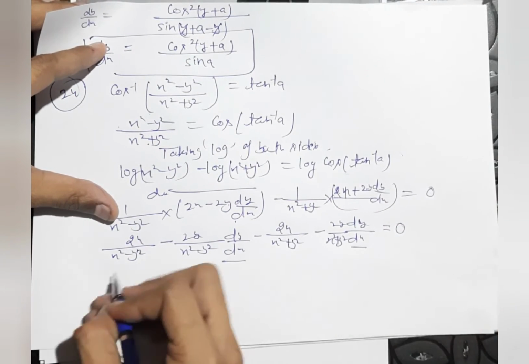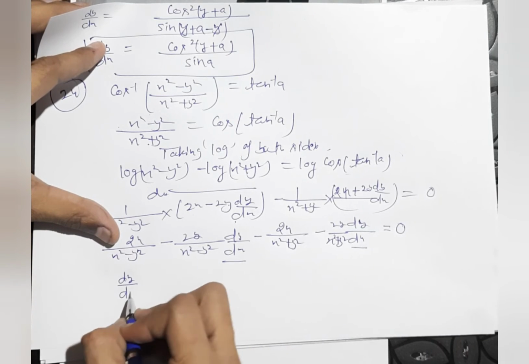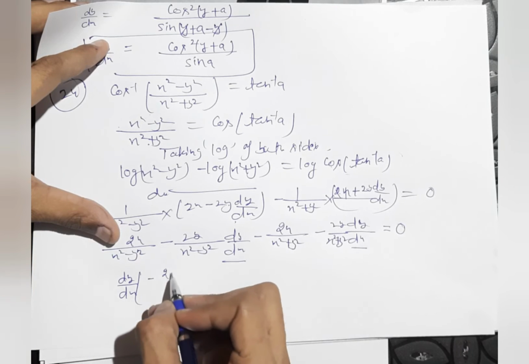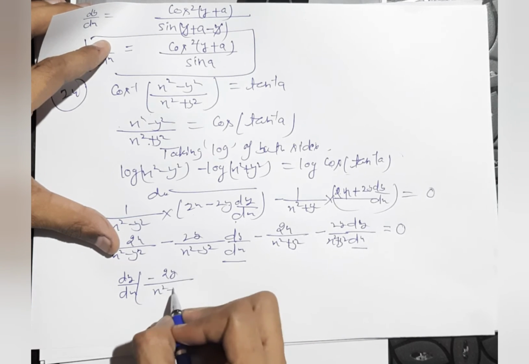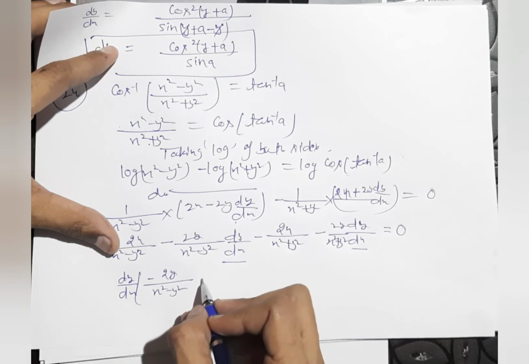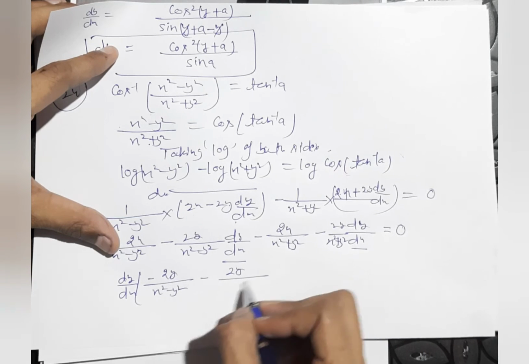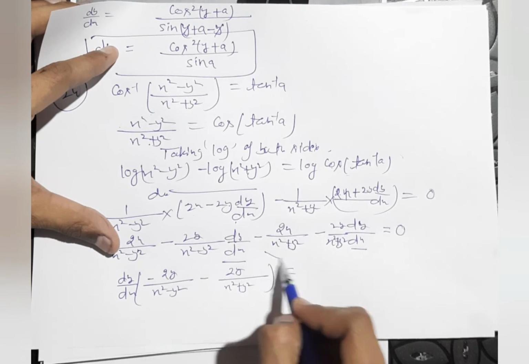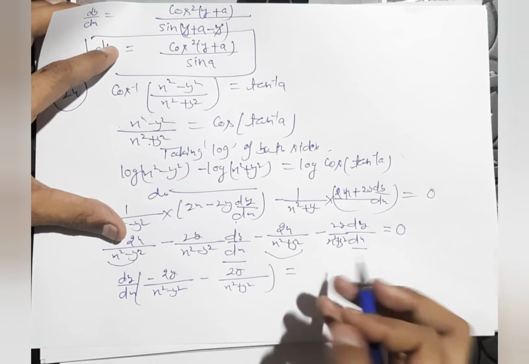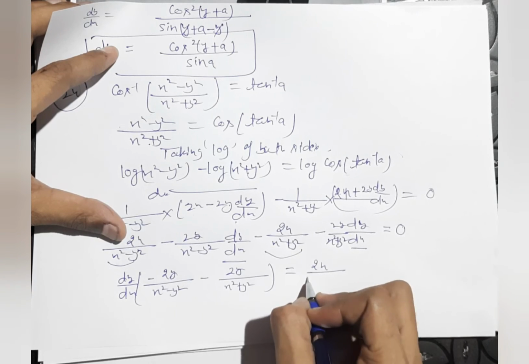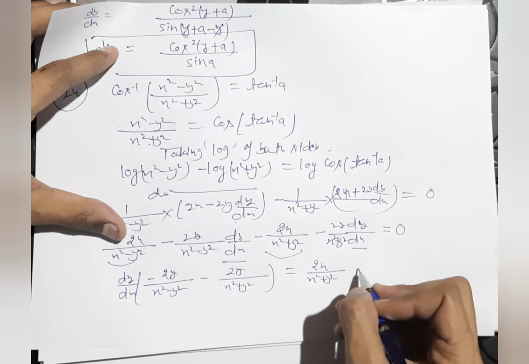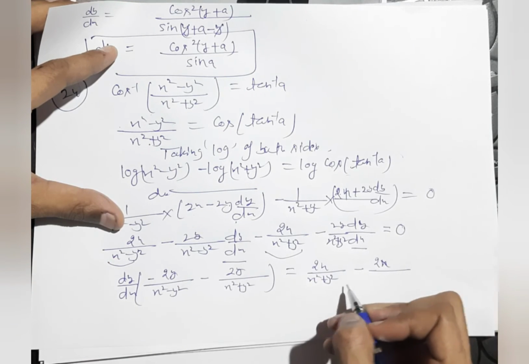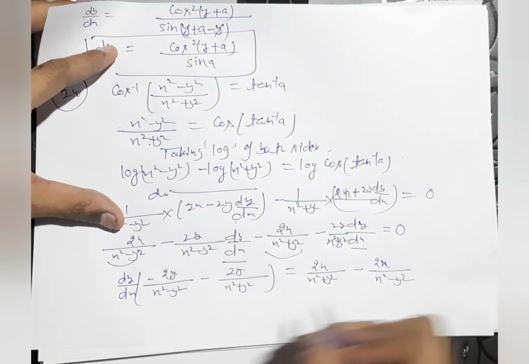Now let me take common dy over dx from here and there. I get dy over dx as common, and the remaining terms are minus 2y divided by x square minus y square and minus 2y divided by x square plus y square equals, I am taking this term and this term into the RHS, so this term will be positive 2x over x square plus y square, and this term will be negative 2x divided by x square minus y square.